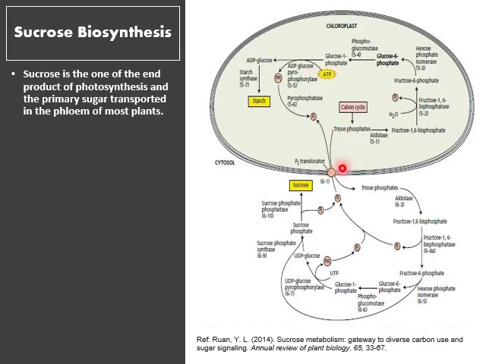Once synthesized in the chloroplast, they have to be transported outside the chloroplast into the cytoplasm. Now, the chloroplast membrane is not permeable to these triose phosphate molecules.